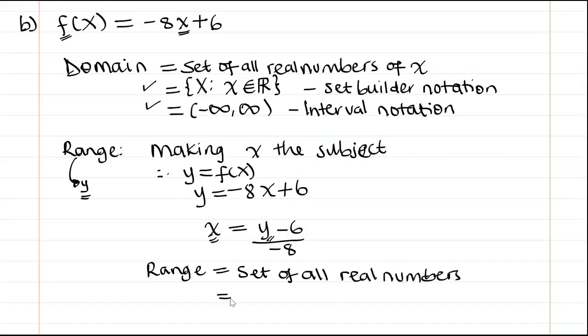That means here our range, which is set y, becomes a set containing all the real values of y. And in the interval notation, this is the same as y running from negative infinity up to positive infinity.